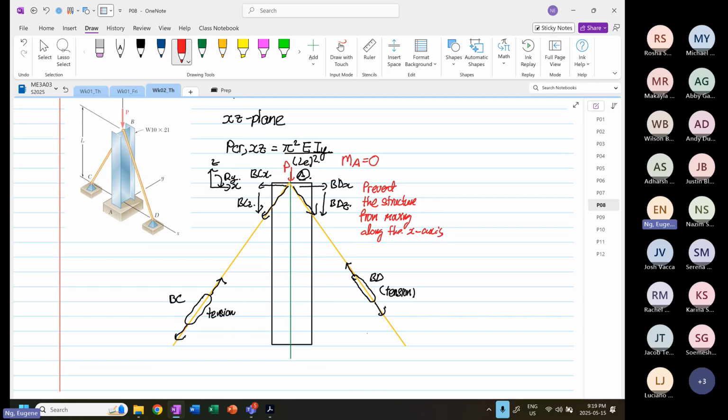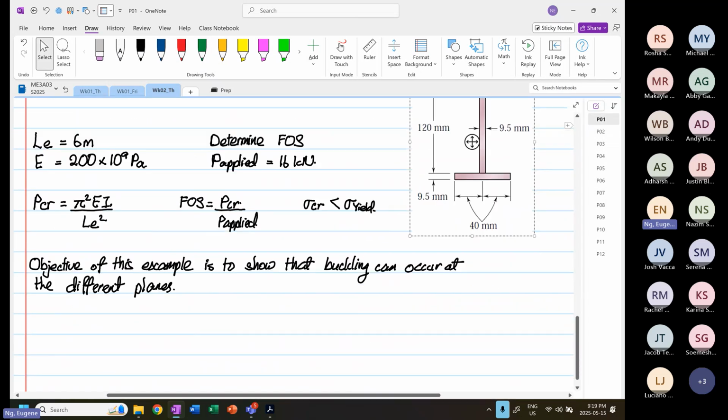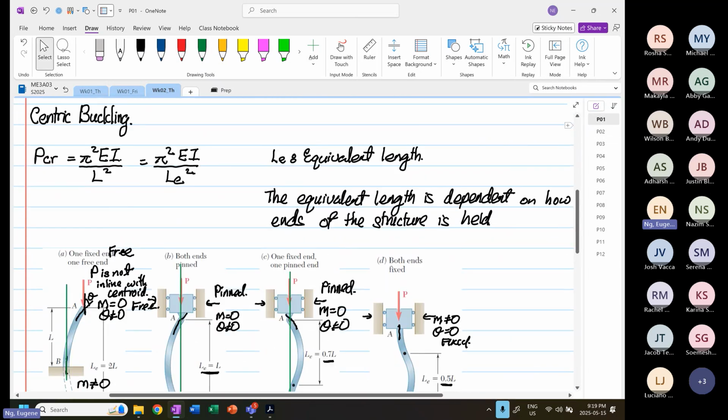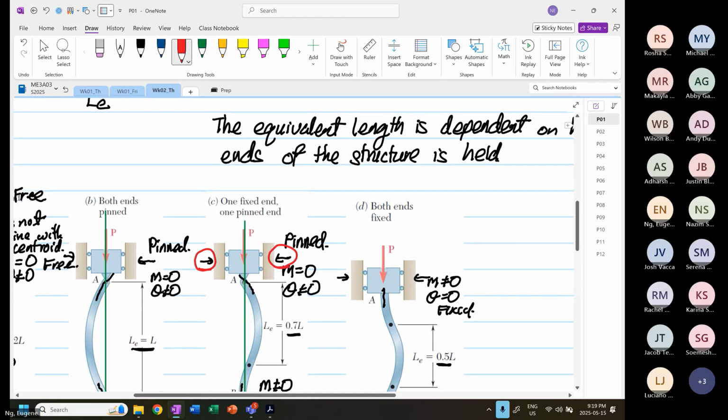But it's preventing the structure from moving left and right. So this is what? Pin. Okay. So going back to our quick revision, remember what I said? There is this resistance preventing it from going left and right. That's what the rope is doing.